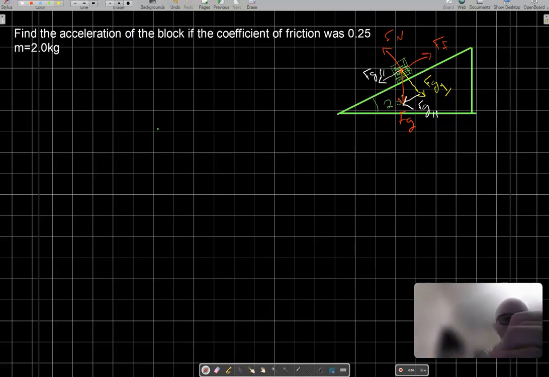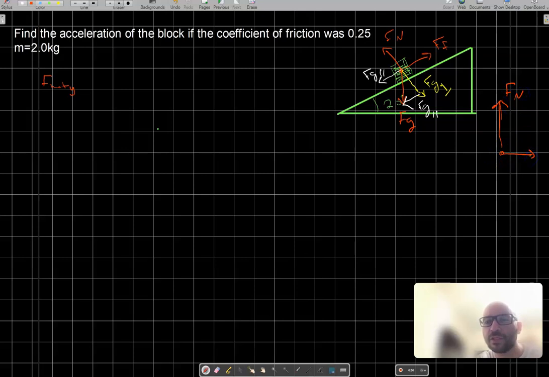So in the y direction, we can write the formula for F net y. Again, if you want to redraw this free body diagram separately, away from the box, away from the incline, we have the normal force, and we have the force of friction.